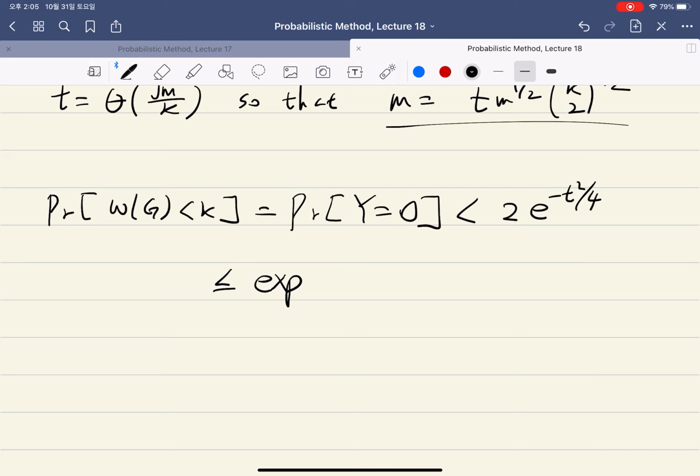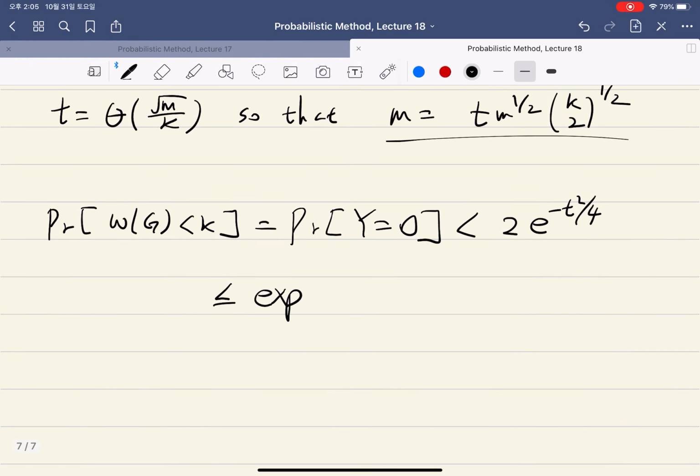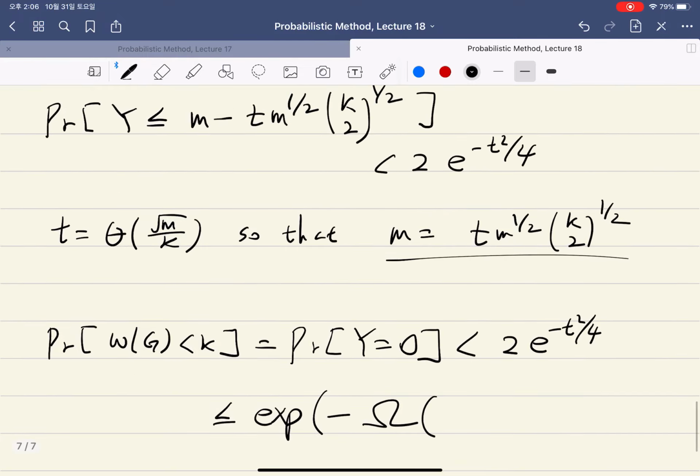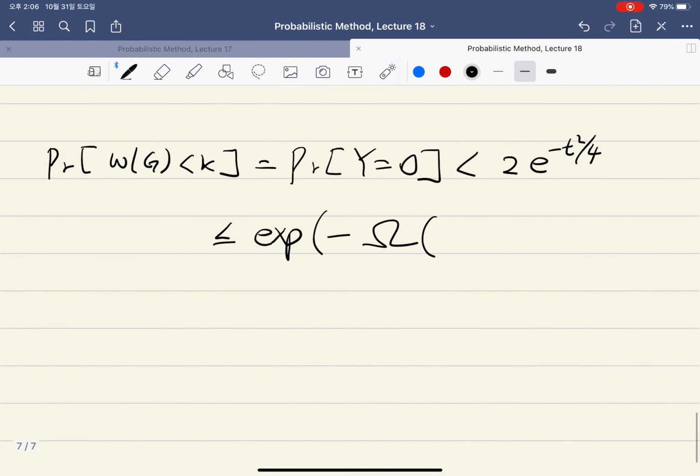because of our choice. What do we have? M is, so exponential of minus omega of, we know that m is roughly n squared over k to the 4.